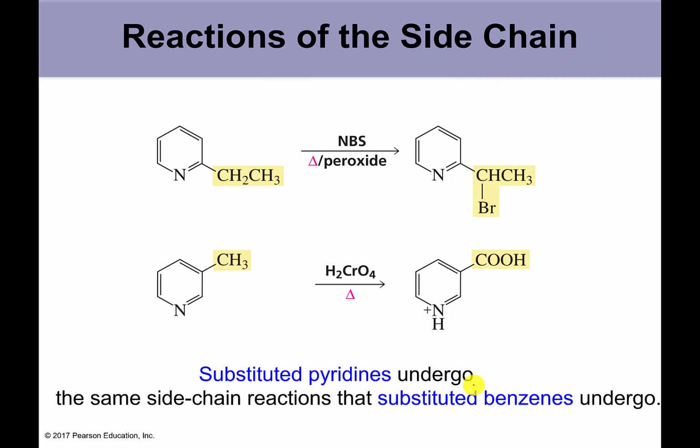Now, the reactions of side chains, which were covered earlier in this chapter and in previous chapters, all can take place at side chains on pyridine. So you can do bromination at the benzylic carbon. You can do oxidation to a carboxylic acid. Under these conditions, this gets protonated, right?